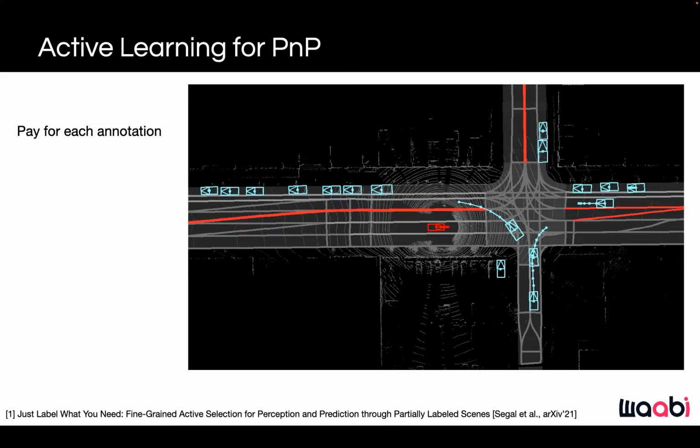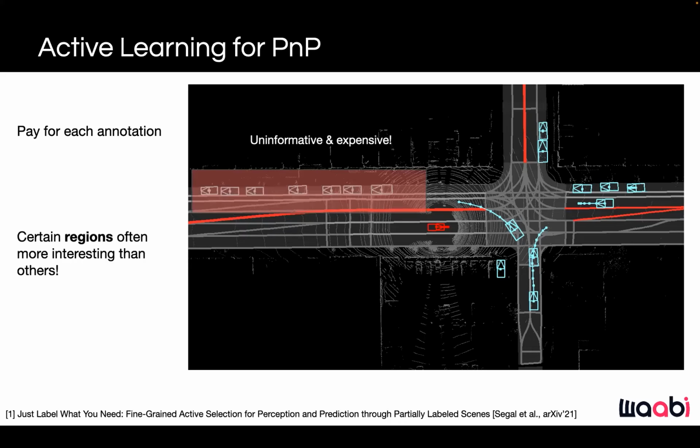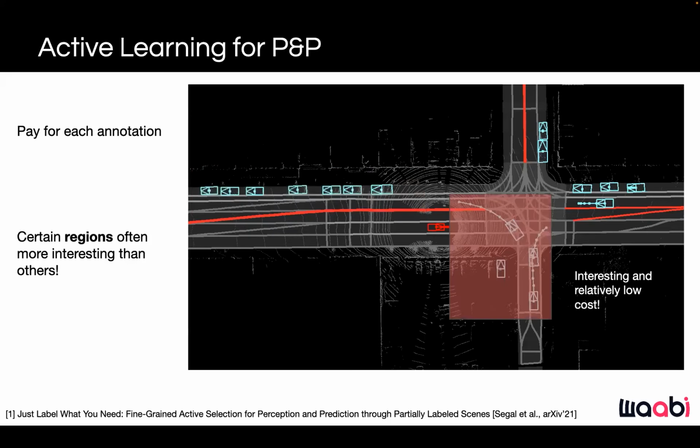So we look at building active learning algorithms where not only can you select the snippet that you're interested in labeling, but where in space and time, and you can do it in a very fine way, right? For example, given the scenario here, you can decide that this area, parked cars, is very interesting.